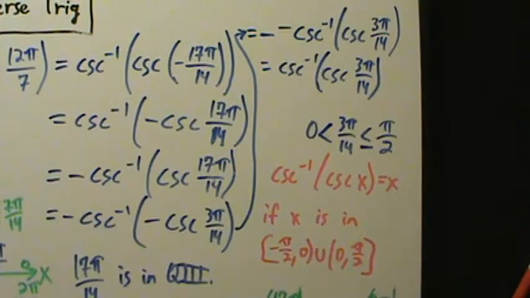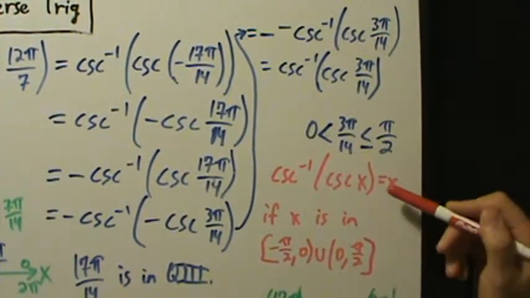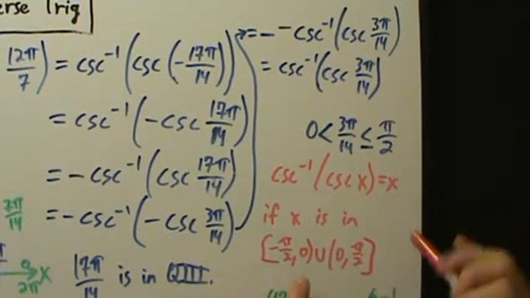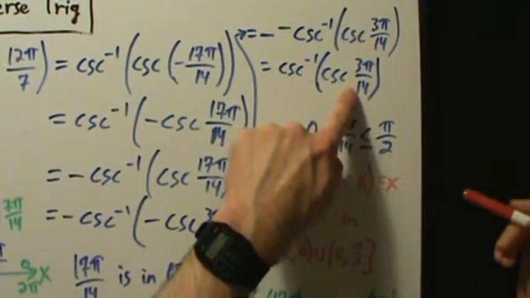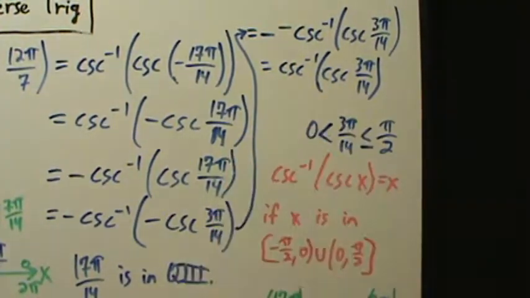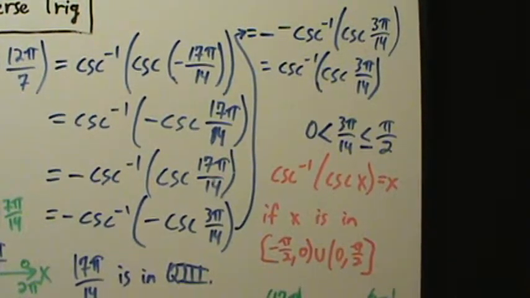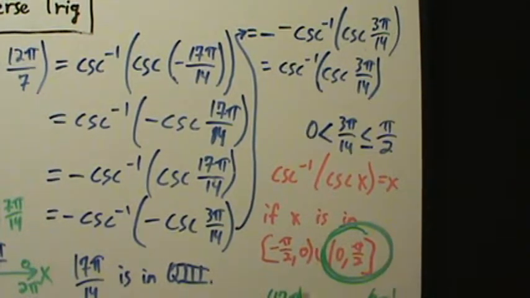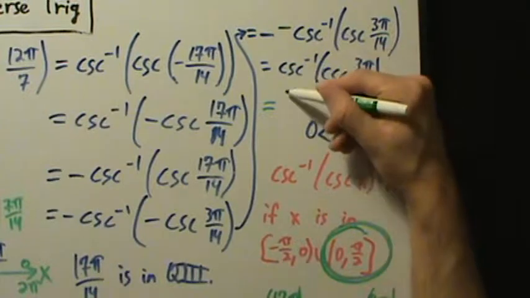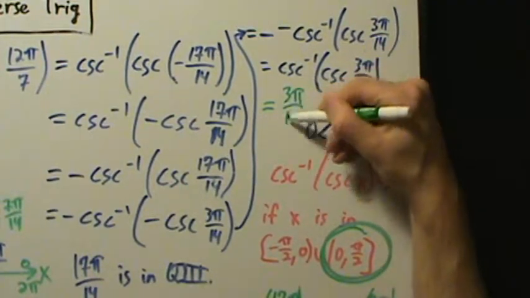That doesn't actually matter, it's true either way and it's good enough. So inverse cosecant of cosecant of x is x if x is in this union of intervals, and as it turns out in our case x is 3 pi over 14. So 3 pi over 14 is inside of this interval here, so we're good. That means we can cancel, and then our answer is just 3 pi over 14.